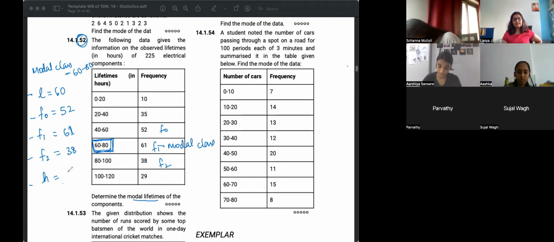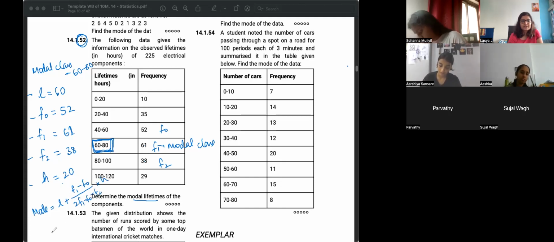So once you guys have calculated, I'll tell you. So in this also, it's very easy to figure out if you got the correct answer or not. So put in the formula, mode equal to L plus F1 minus F0 by 2F1 minus F0 minus F2, times H. So put the values.